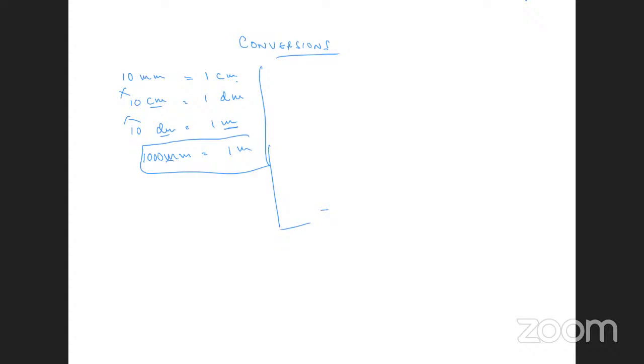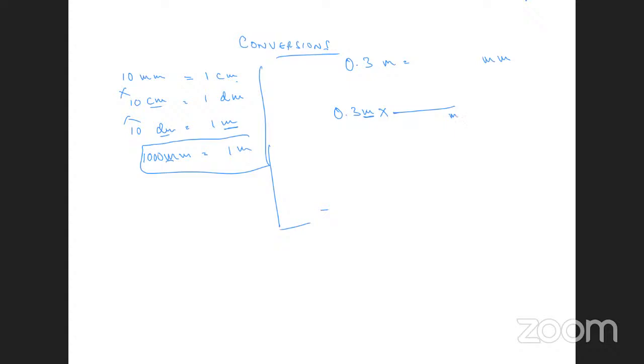So if I say 0.3 meters to millimeters. The first step is to write down what they have given and then multiply, and under this line, in the denominator, you put the same unit you have there because it has to be cancelled.